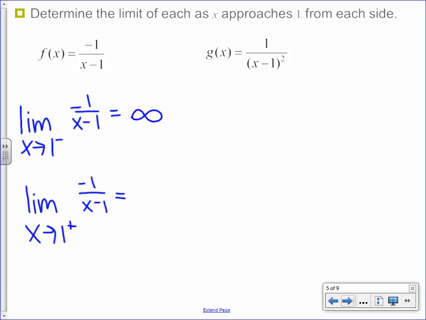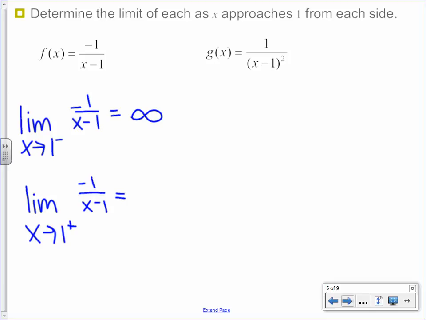So we're going towards positive infinity. You could even try 0.99. Anything to the left of 1 makes this a negative divided by a negative, which is positive, right?